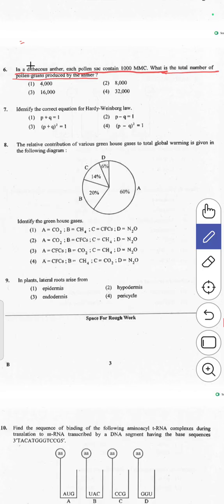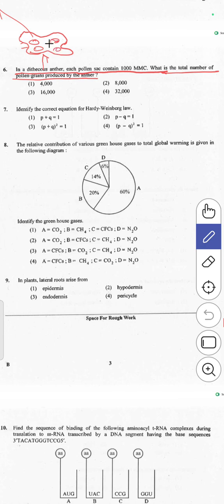We know the structure of the pollen grain.